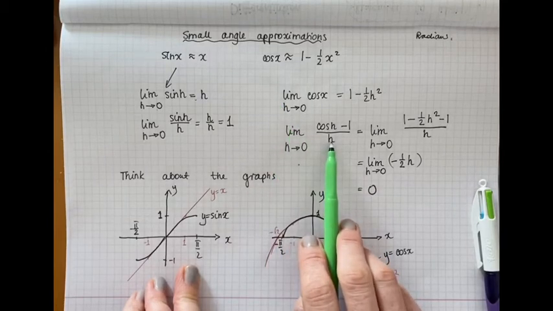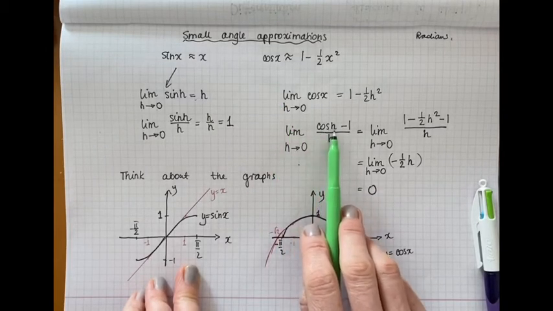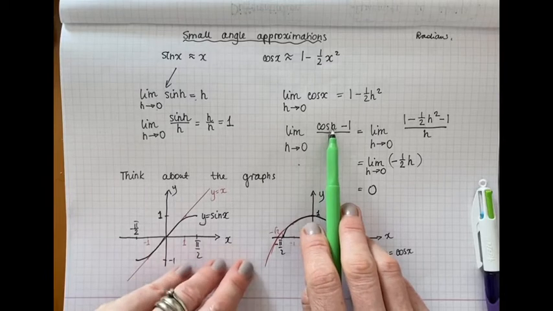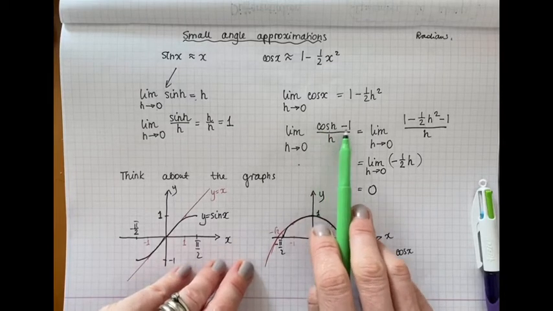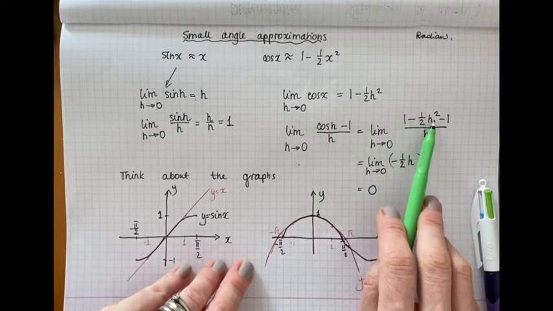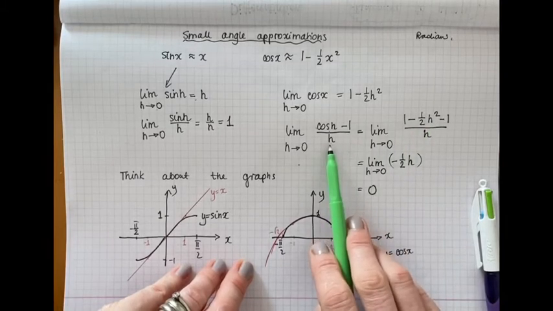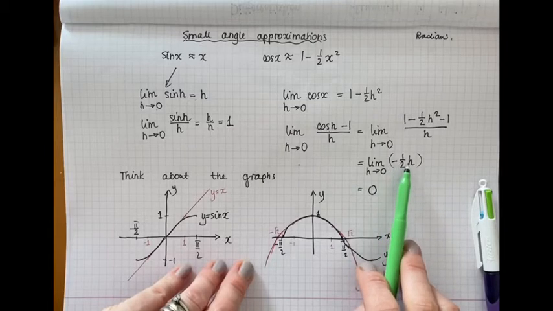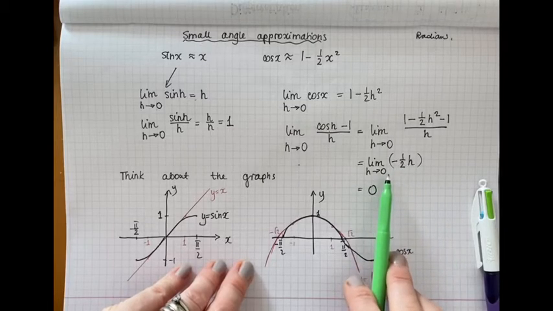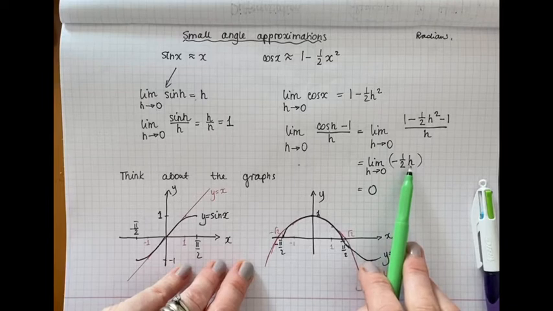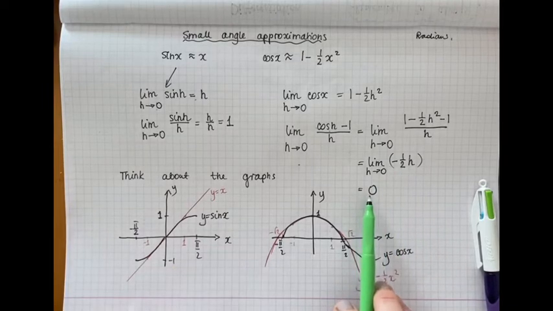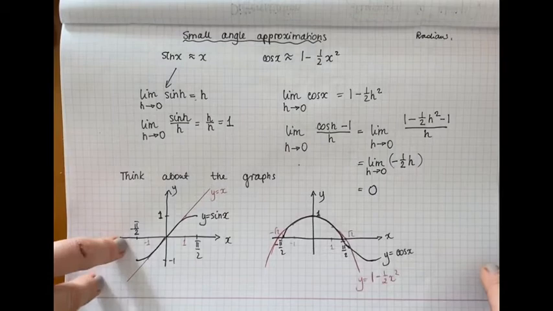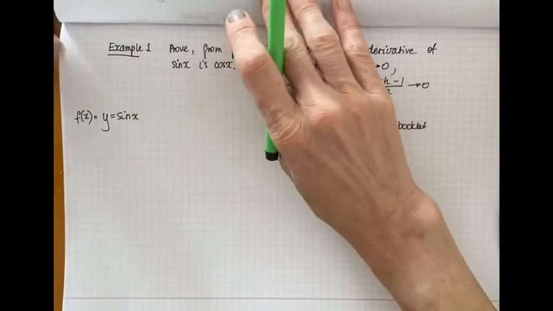Over here, you can have cos h minus 1, which can be replaced with minus a half of h squared, and then over h cancels, and you're left with the limiting value of minus a half of h. Well, if you replace h with 0, because it tends to values very small, close to 0, the answer is going to be 0. So we're going to have a look at some examples.